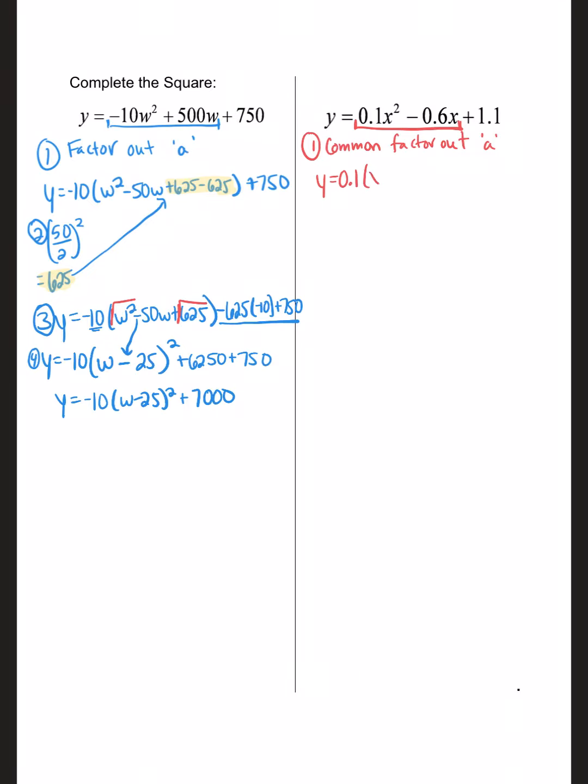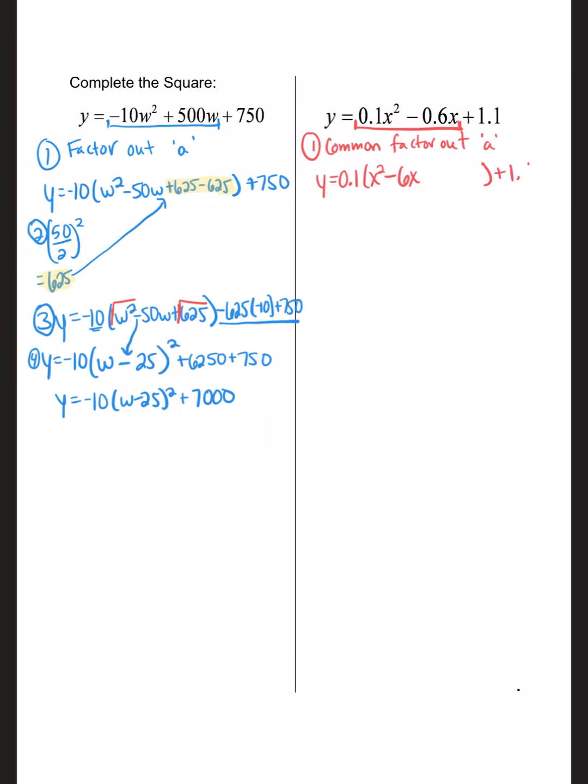Okay, so if I common factor out a, well, my a value is 0.1. So if I take that out, I'm going to be left with x squared. And when I take 0.6 and divide it by 0.1, that equals 6. And then we have that plus 1.1. And again, I'm going to leave some room in my bracket so we can add and subtract whatever number we need to in there.